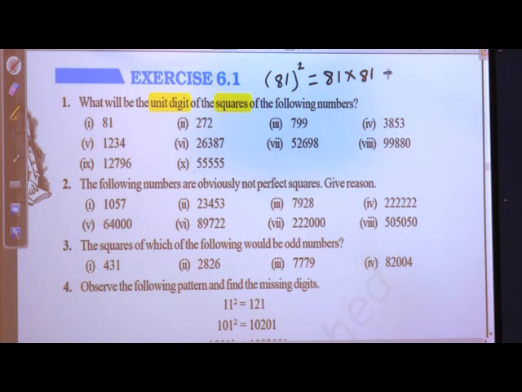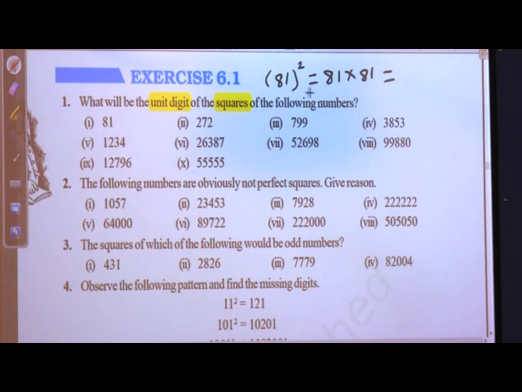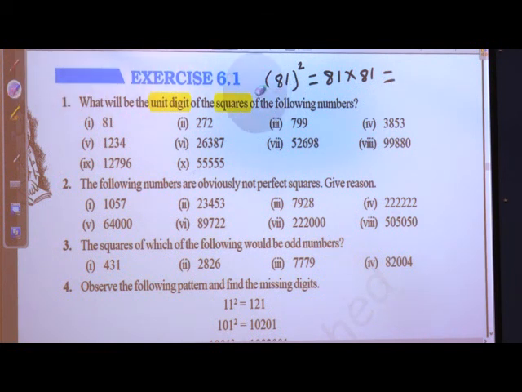So whatever value we get for this square, what is its unit digit? It is not expected that we have to do 81 into 81. Then what is expected? Only take the square of the digit that is present in the units place of the number.